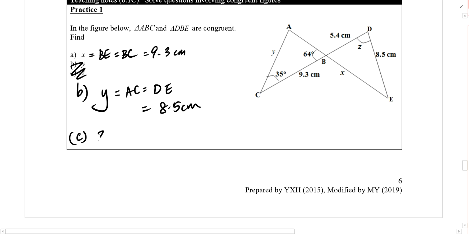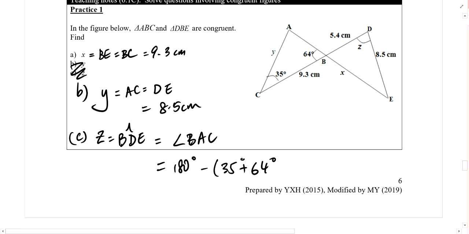Part C, Z. Z is angle BDE, so this must be equal to BAC. BAC, 35 degrees? Oh, sorry, no. BAC is 180 minus 35 minus 64 degrees. Angle sum of triangle. How much is it? 81.